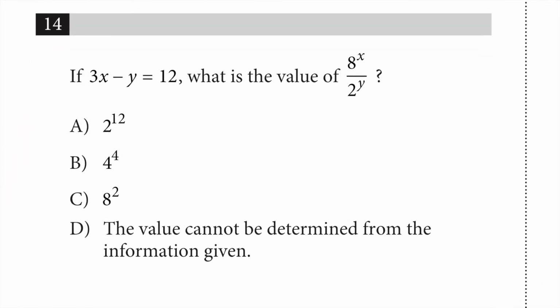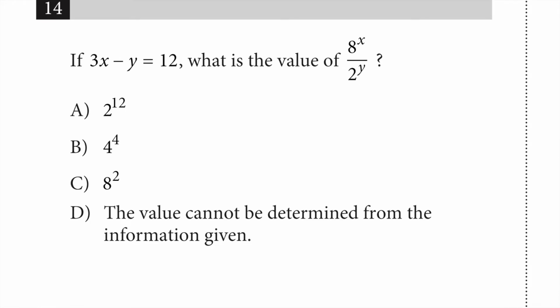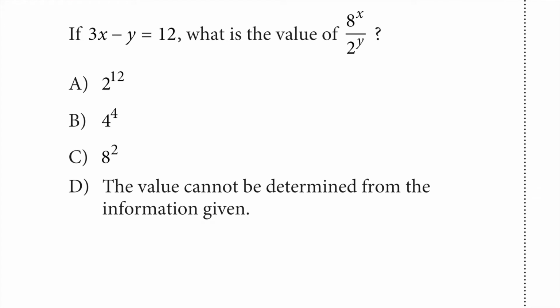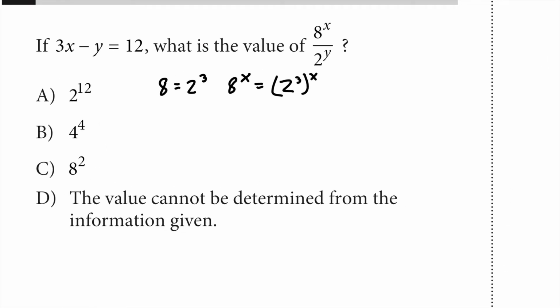Alright, if 3x minus y equals 12, what is the value of 8^x divided by 2^y? Well, we know that 8 equals 2 to the third power. So we can rewrite 8^x as 2 to the third power to the x power. And so we now get 2^(3x) divided by 2^y.